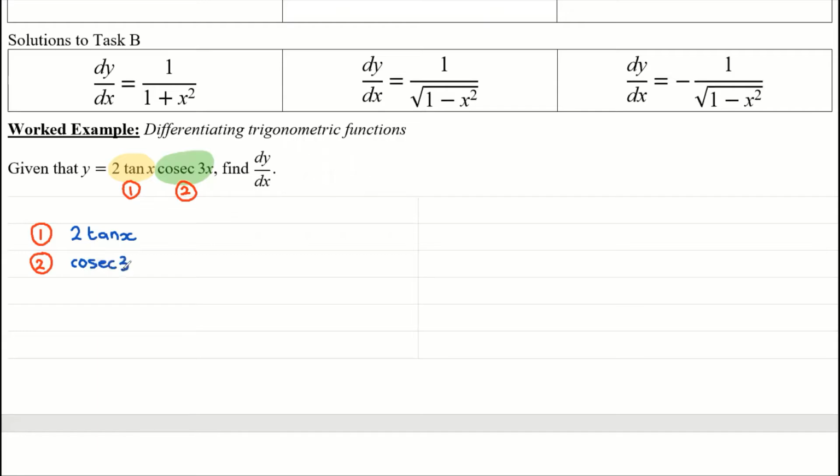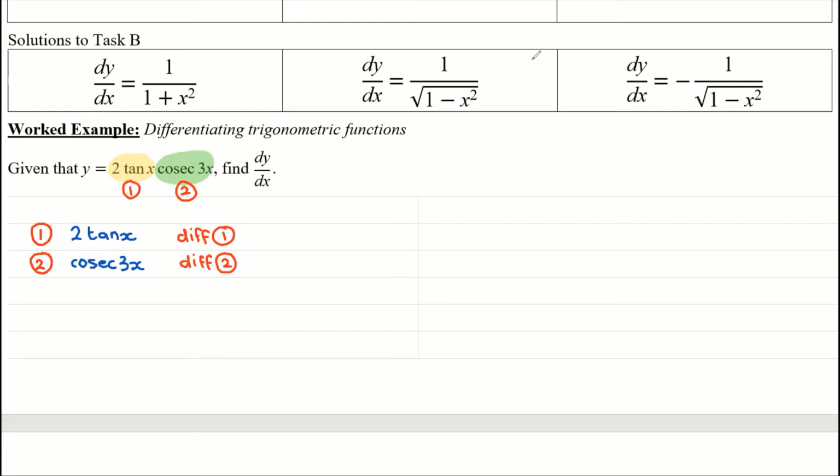So just be a bit careful with that. All right, and then we do the derivatives of each of those. So differentiate 1, is what the diff stands for, and differentiate 2. Put that in there as well.